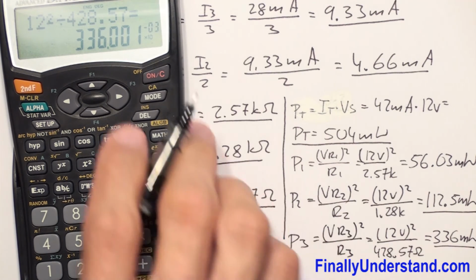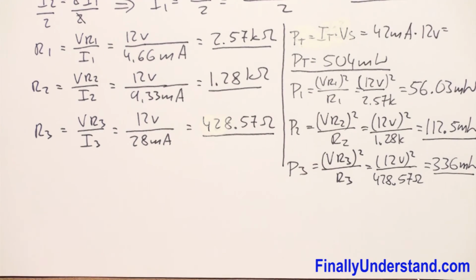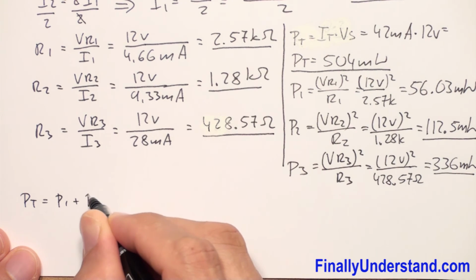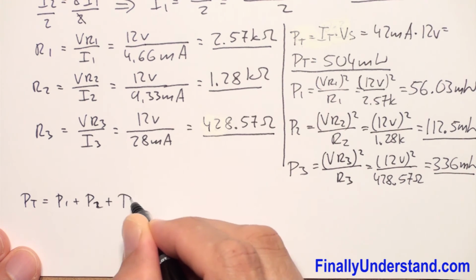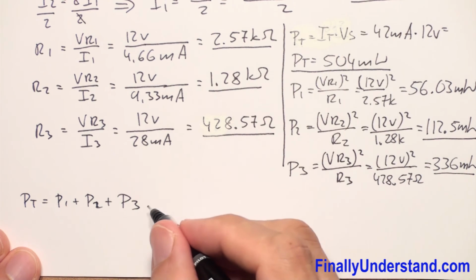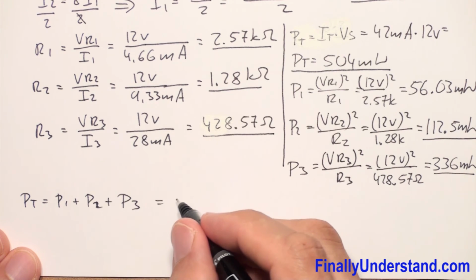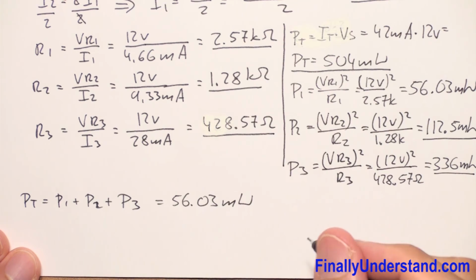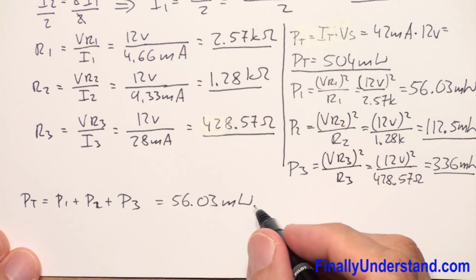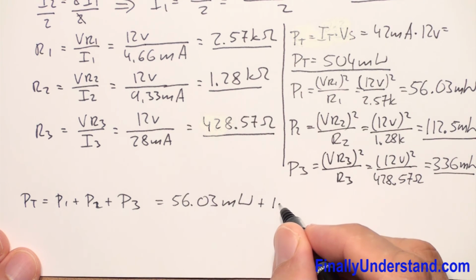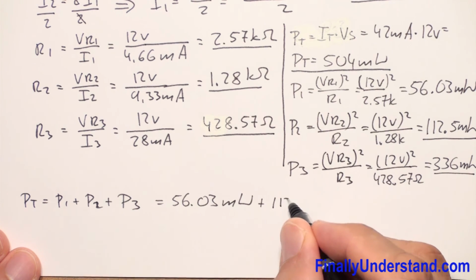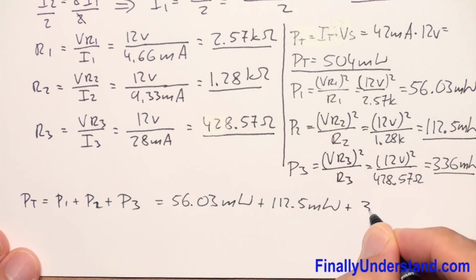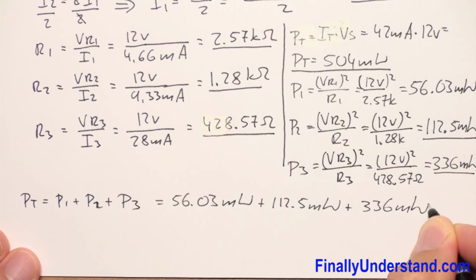Okay, so now we're supposed to find the total power using these powers. So I have P total is equal to P1 plus P2 plus P3. So this is equal to, P1 is 56.03 milliwatts plus P2, which is 112.5 milliwatts plus 336 milliwatts.